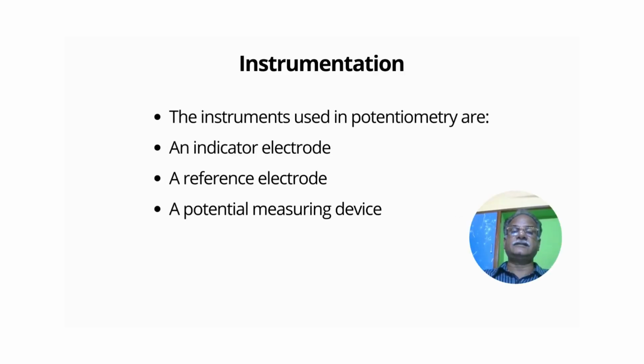The instruments used in potentiometry are an indicator electrode, a reference electrode, and a potential measuring device, that is said to be a potentiometer. Here, this is a two electrode system.